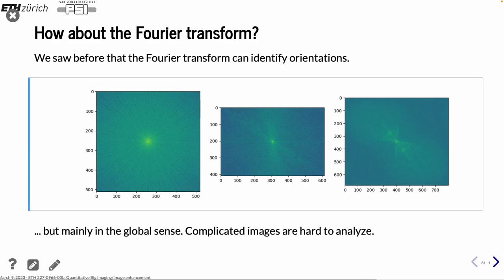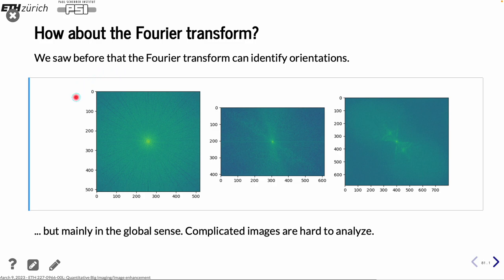The Fourier transform could also tell us directions, as I showed with these lines, but circles are not so easy to see in the Fourier space. If you look really closely, you could actually see concentric rings in here, but only if you know what to look for.